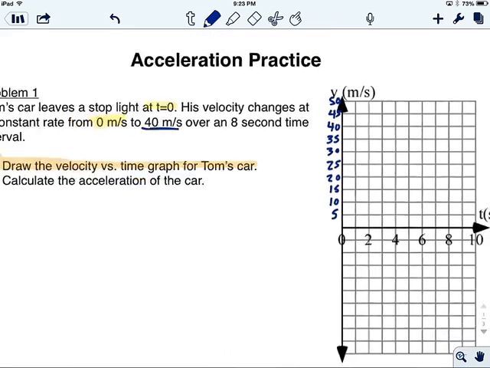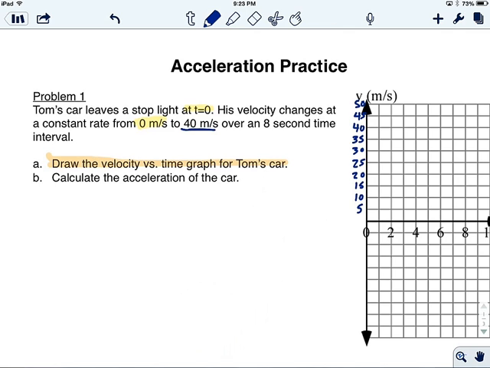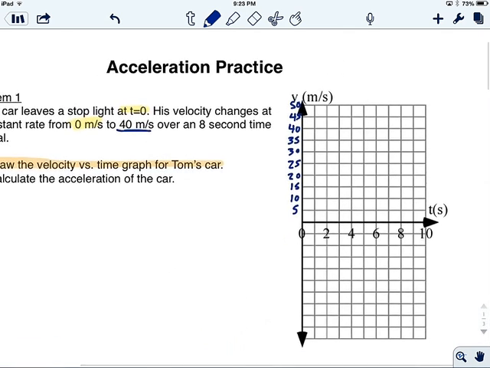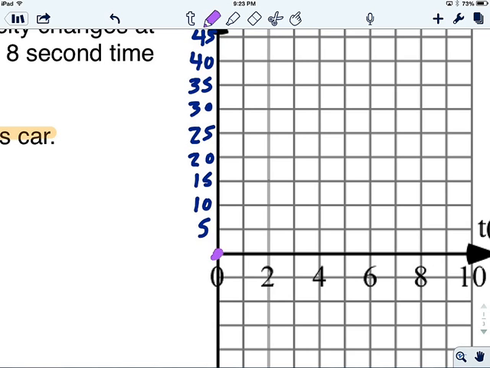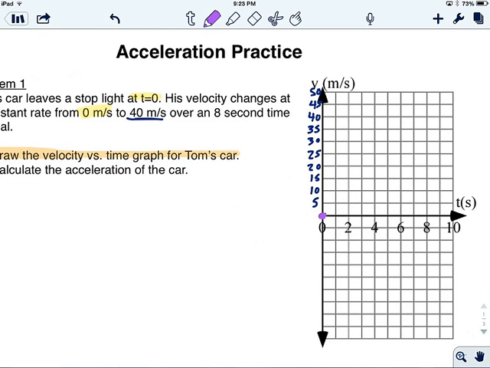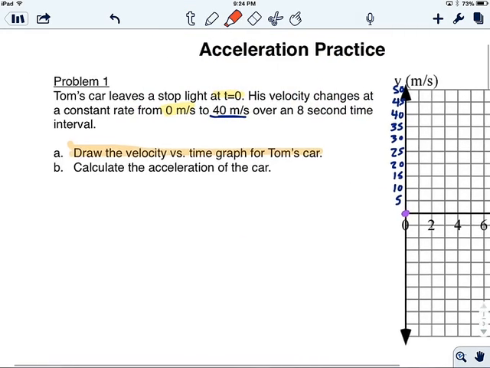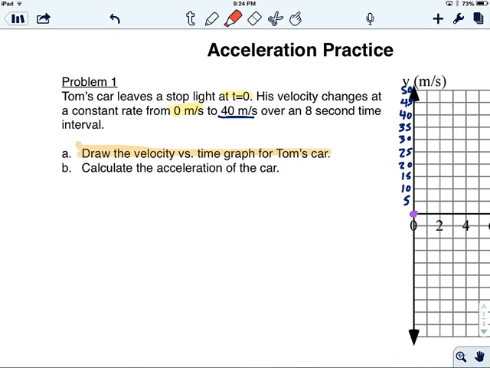Okay, so I know that at my yellow highlight, t equals 0, my velocity is also 0. So I'm going to put a dot on my graph, and since I labeled in that color, I'll put my dots in purple. So I'm going to put a dot at 0, 0. All right, good. Now I see that his final velocity is going to be 40 meters per second, and it takes 8 seconds for that to happen.